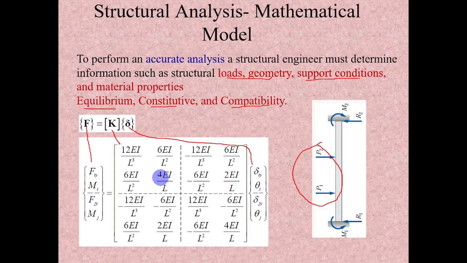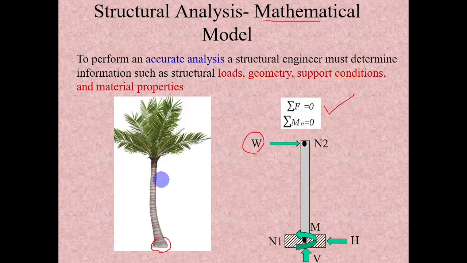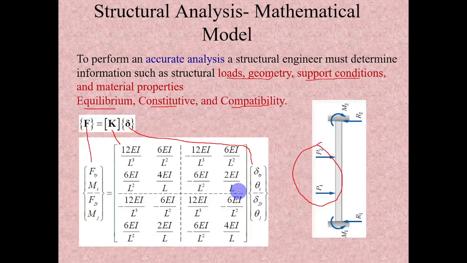In a real problem, that is our responsibility. We have to idealize the structure. For example, here, what could be the support condition, what is the length of this element. This equivalent mathematical model should be formed based on good engineering judgment. Otherwise our analysis will go wrong.